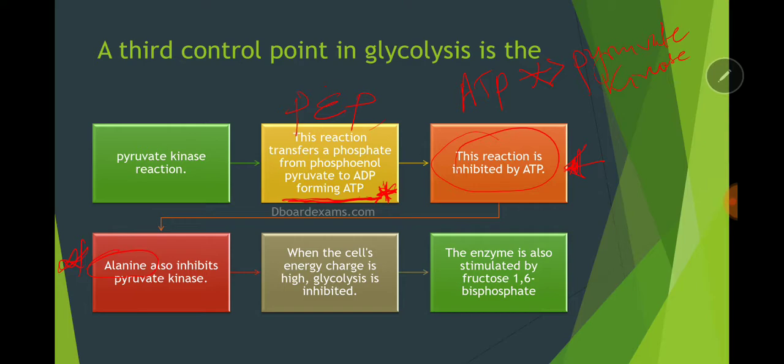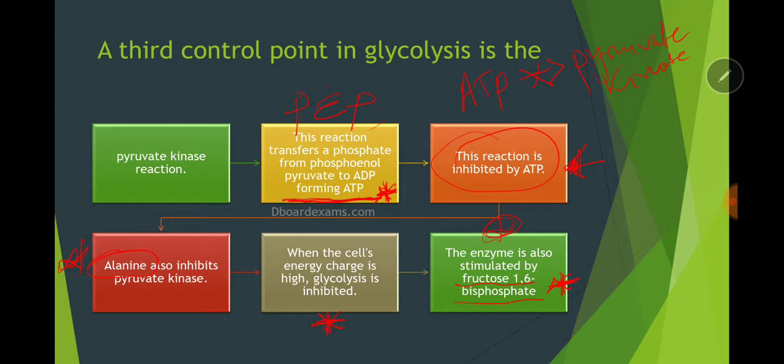So remember, when the cell's energy charge, meaning the ATP, is high, glycolysis is inhibited. And also, you have to remember that pyruvate kinase is also stimulated by fructose 1,6 bisphosphate.